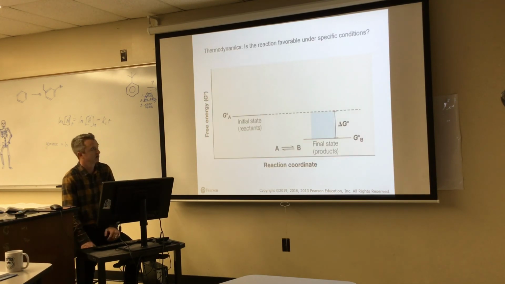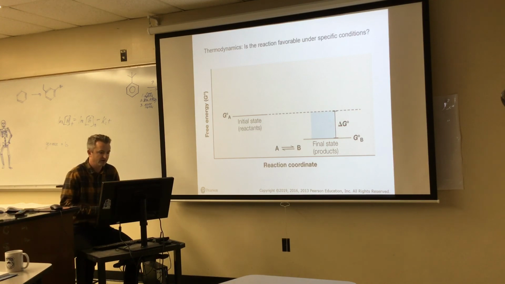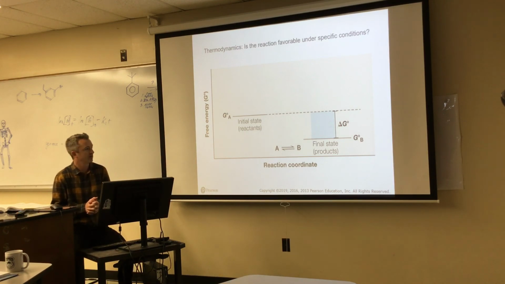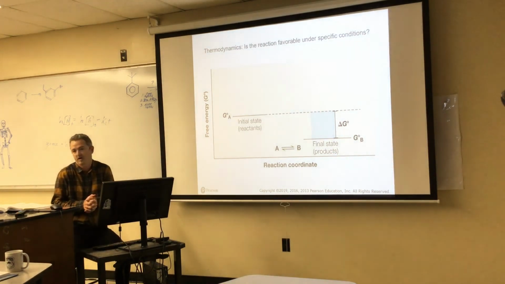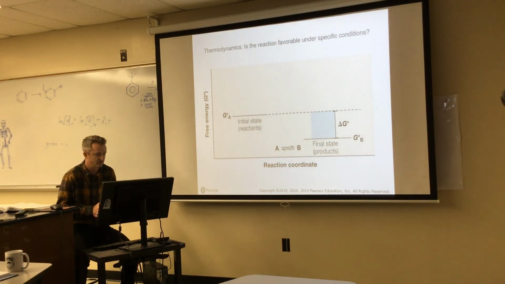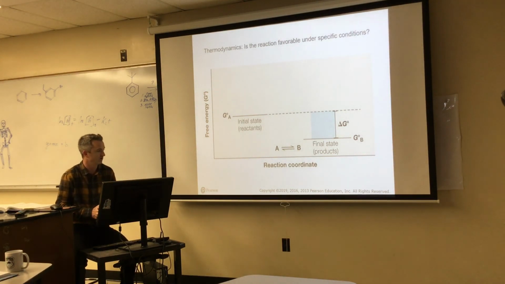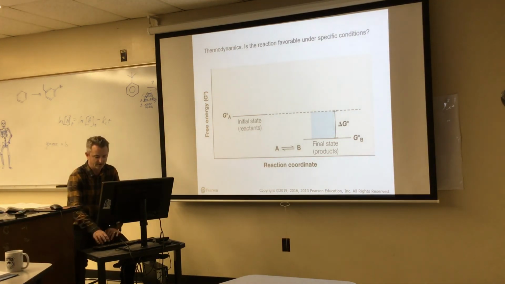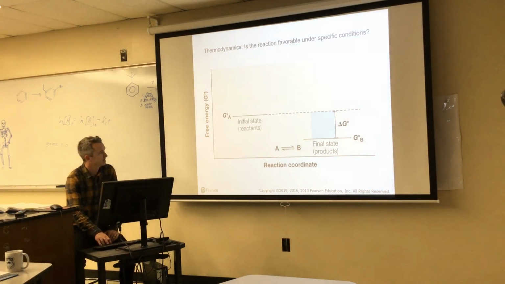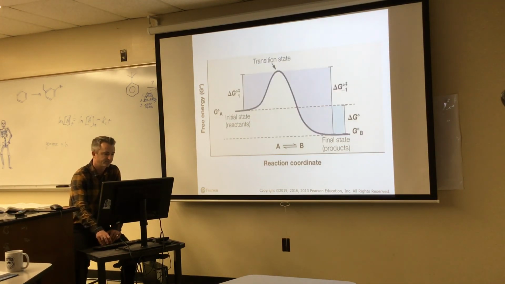So, thermodynamics. We have to consider, is that reaction even favorable under given conditions? So determining whether you have a positive delta G or a negative delta G, this is essentially showing you that this initial state, final state is a favorable process, where you now have a delta G naught, and the final state of your products is of lower free energy, and therefore the reaction should be spontaneous under those specific conditions.